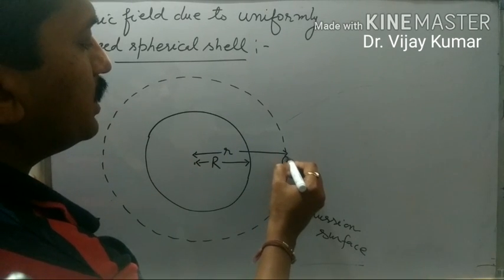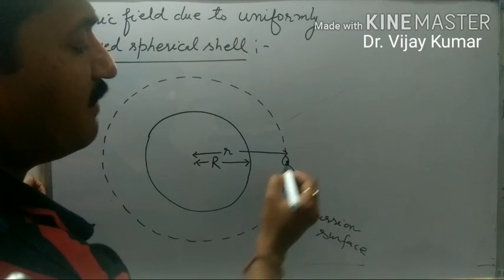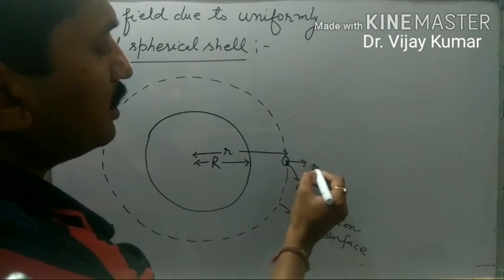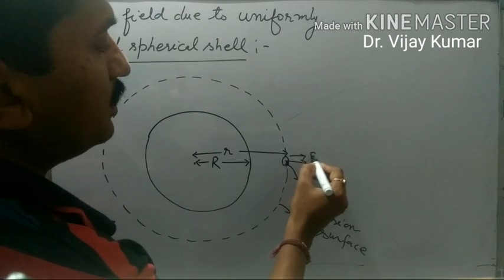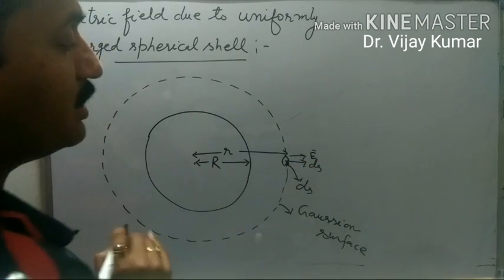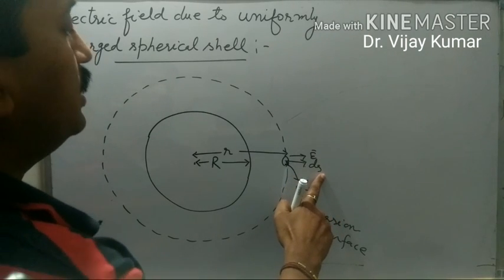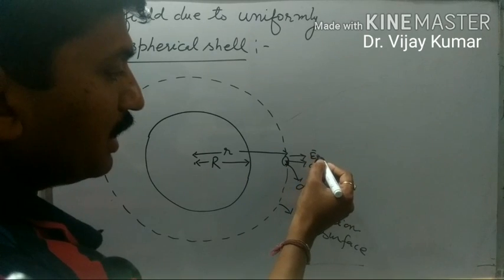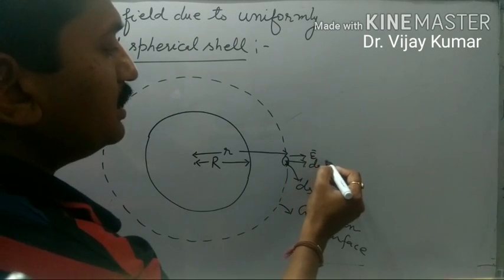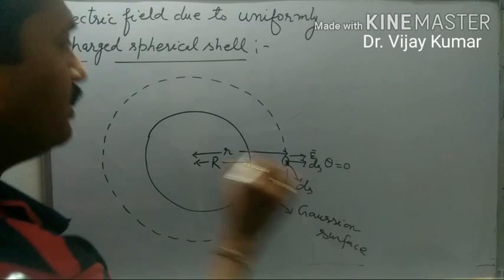We can consider a small area ds, with its direction like this, and the direction of the electric field is also in this direction. It means the direction of the electric field and the small surface area are the same, and the angle between electric field and ds is 0 degrees.